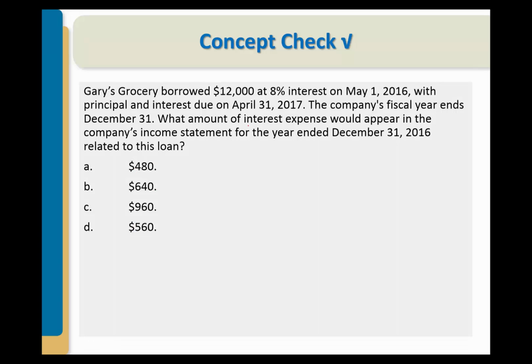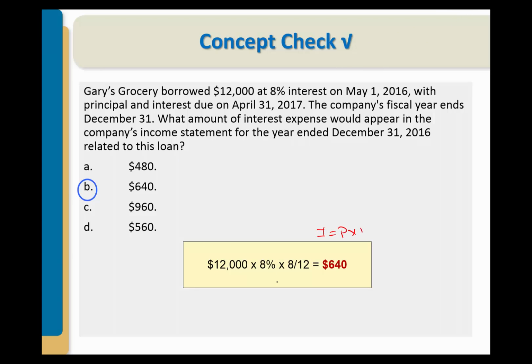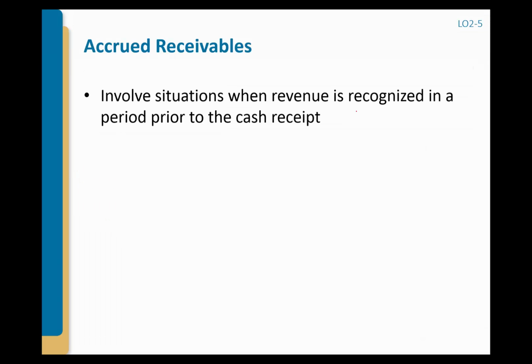So here's a good concept check again with interest, and you will see just as we calculated previously, again, interest equals principal times rate times time. So here's principal, rate, time, and then our interest. So it's a very easy formula. Now for accrued receivables, here revenue is recognized prior to getting your cash.